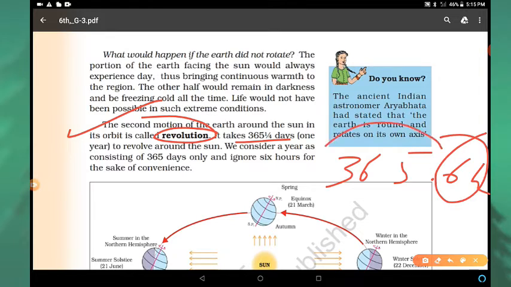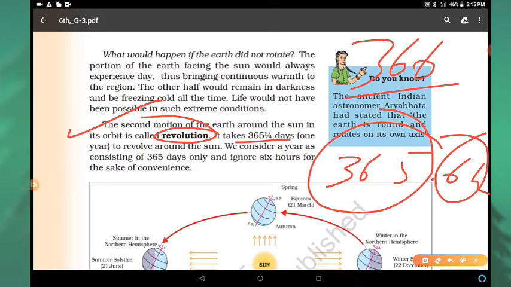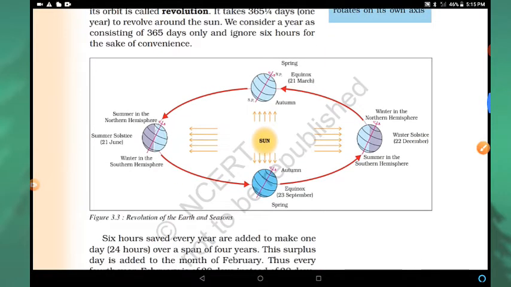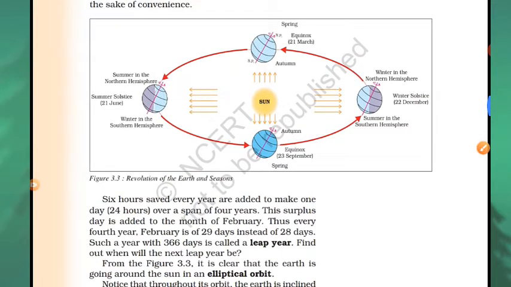In round figure, we count 365 days in 1 year, and every fourth year will consist of 366 days and will be called a leap year. Like this, 6 hours saved every year are added to make 1 day, and in the month of February during the leap year, 29 days will be there.